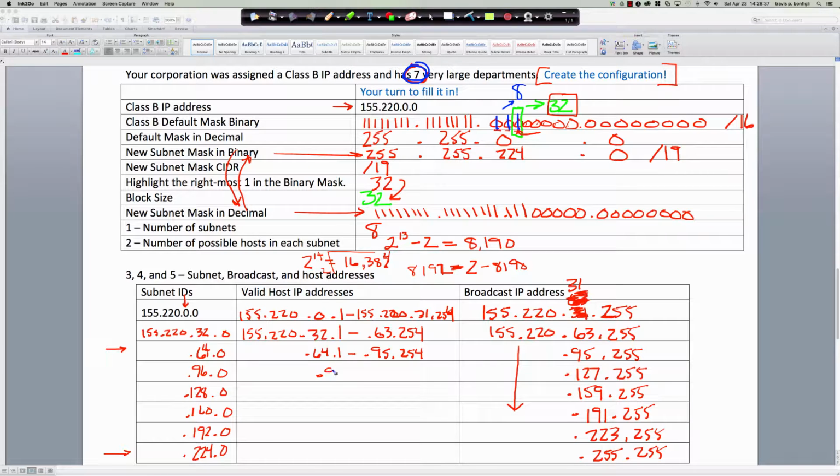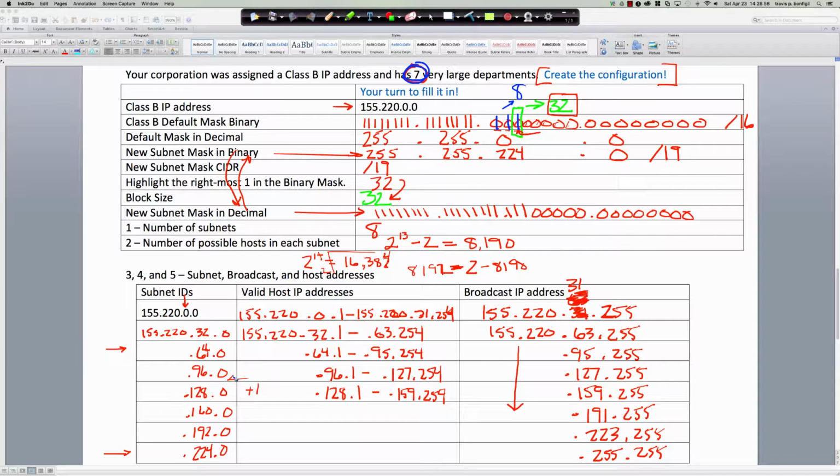We've got .96.1 to .127.254. We've got .128.1 to .159.254. So you see the pattern, right?